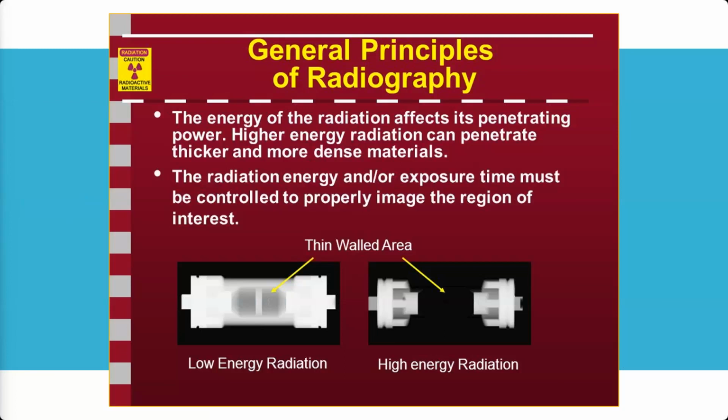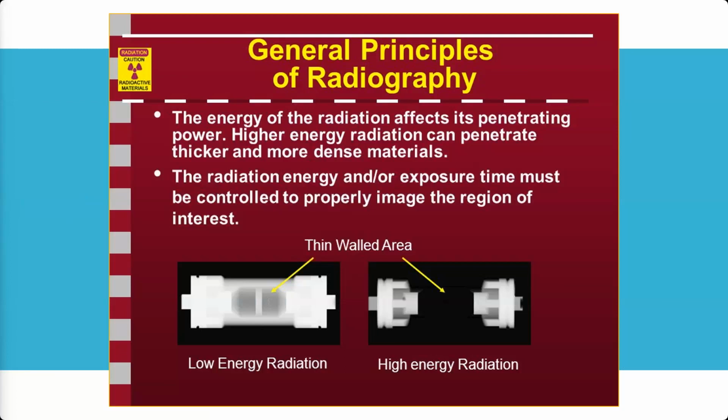And so here is a high energy image. Either the radiation source was exposed for a longer period of time, or the power output was increased. If this was an X-ray, you can adjust how much power is being put out in a given amount of time. If it's gamma ray, you can move the gamma ray source, the material, closer to the object.